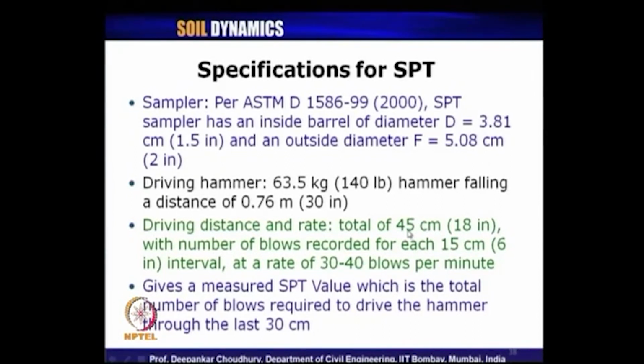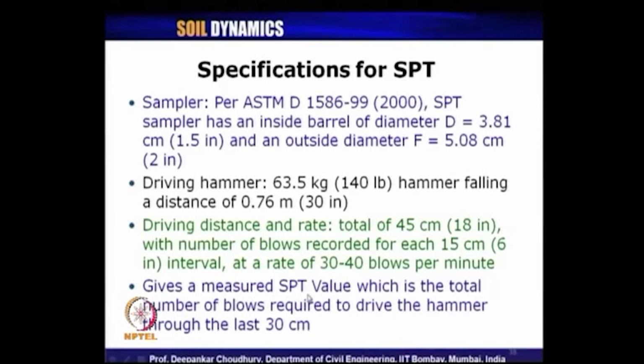So, this 45 centimeter is subdivided into 3 segments of 15, 15, 15 centimeters, that is 6 inches each, at the rate of 30 to 40 blows per minute. How many blows the hammer should give per minute is also specified, because more or fewer blows will obviously give you different results of N. So, that is why the standardization is required.